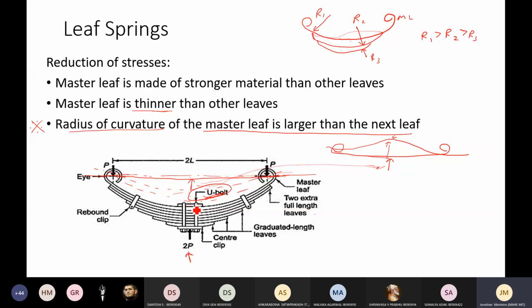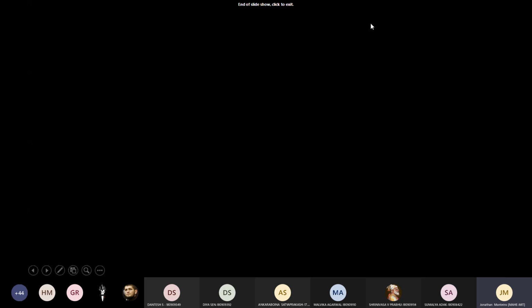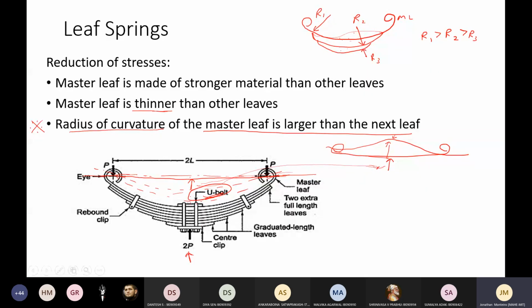So this U-bolt or pin will keep everything together, stacked up. In the initial unstressed condition, this has a different radius of curvature R1, this has a different radius of curvature R2, sorry, this has a different radius of curvature R3. So when you put this bolt and tighten them together using a bolt and nut arrangement, they'll all come together and stay in one particular shape, of course with some radius of curvature.